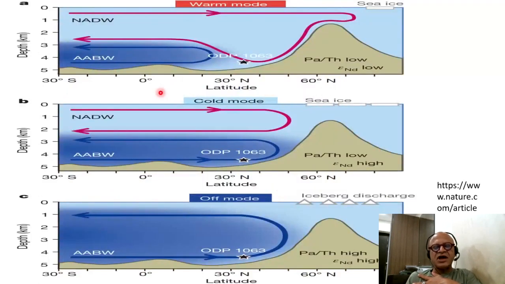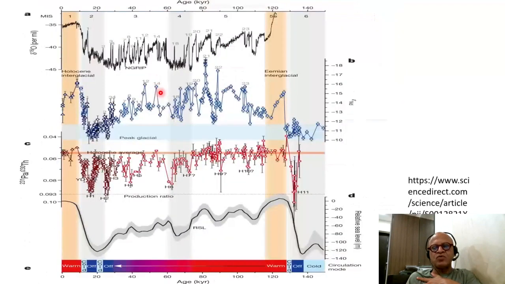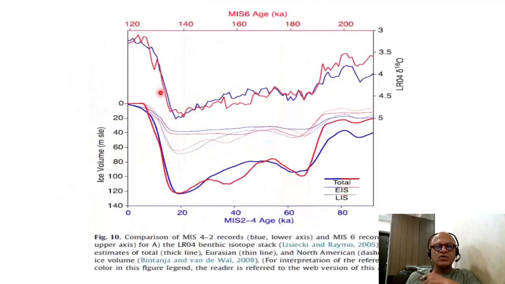Okay, these are kind of schematics, but we will come back and look at this also in the modern era during the Anthropocene, when the thermohaline circulation is being perturbed by global warming, and maybe it's showing a signature in terms of a very peculiar trend in the North Atlantic where the deep water forms.